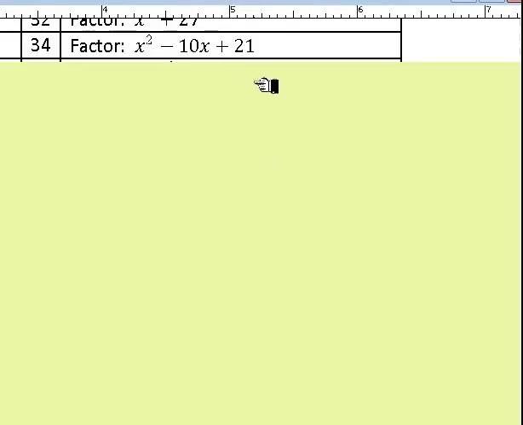Number 34, again c greater than 0. And again, the middle term is negative, so that means it'll be minus minus. And here we want factors of 21, like 7 times 3.